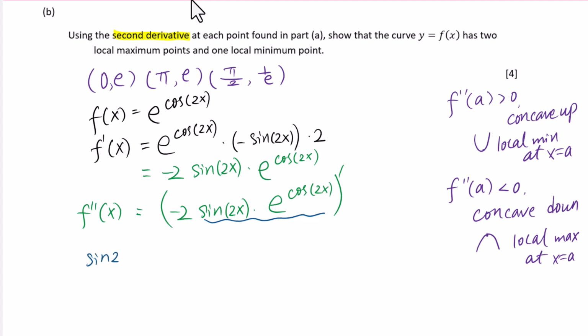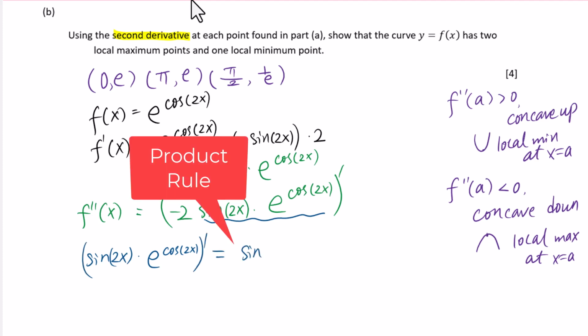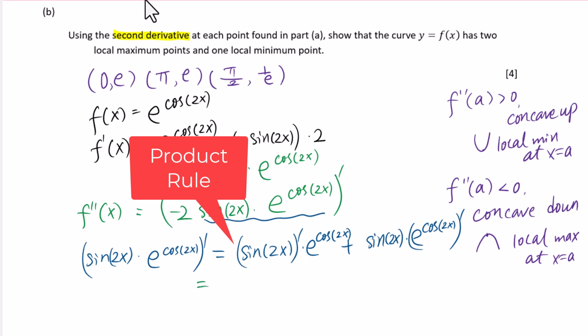Sine 2x times e to the power of cosine 2x prime: sine 2x prime times e to the power of cosine 2x plus sine 2x times e to the power of cosine 2x prime. Work this out.